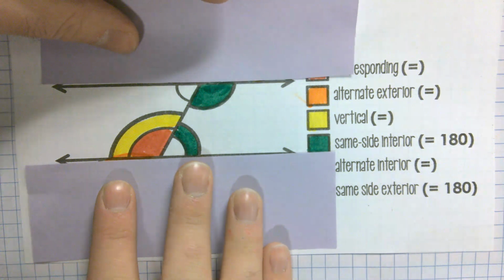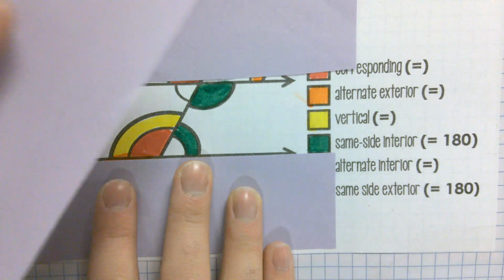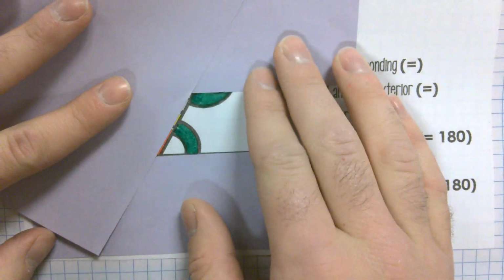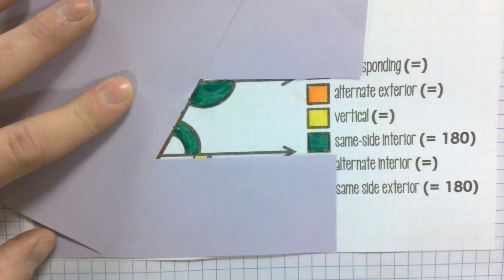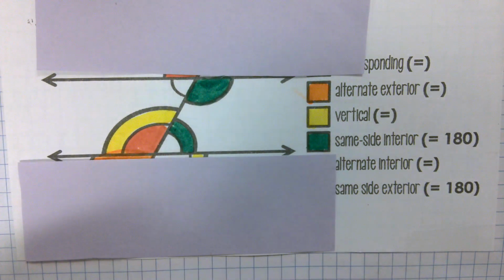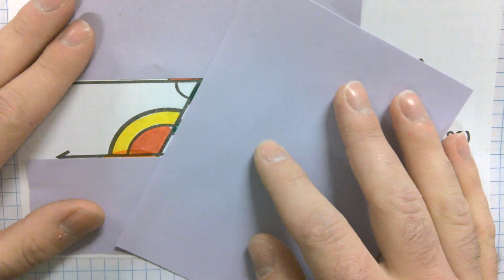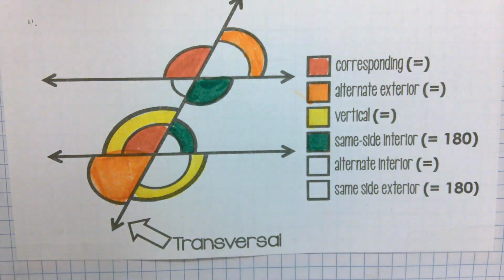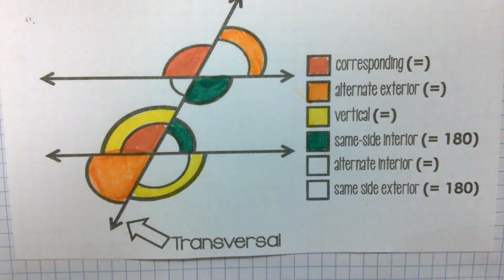I cover up the outsides, boom. We can see that they're on the same side of the transversal, and they're both on the interior of my parallel lines. We'd also have same side interior angles on the left side of my transversal and both on the interior. Right, so there's multiple pairings of all these angle types, these angle relationships.